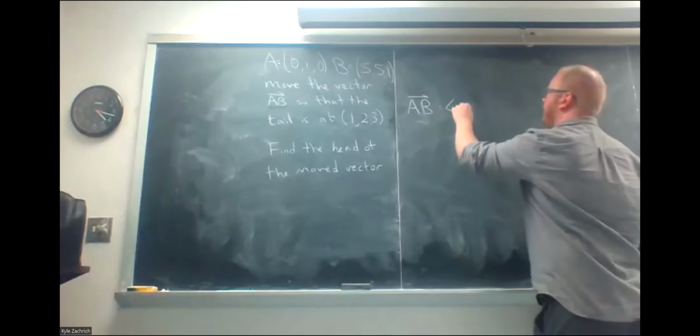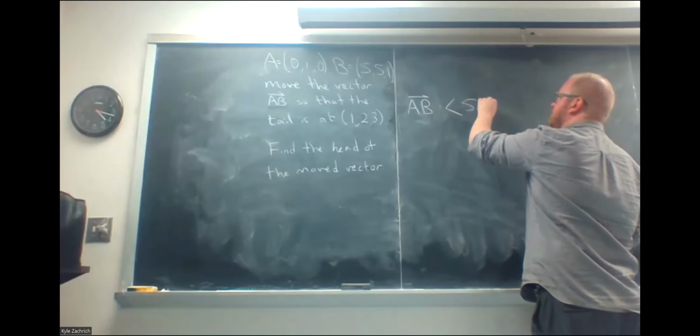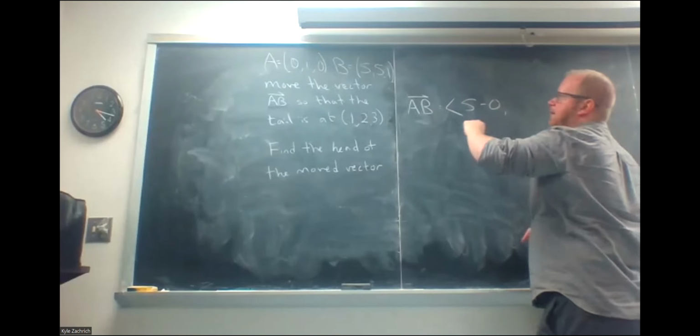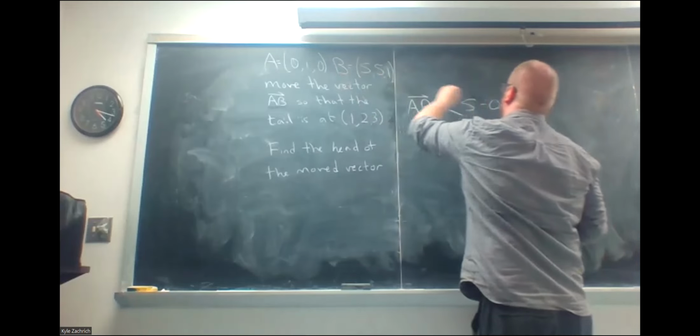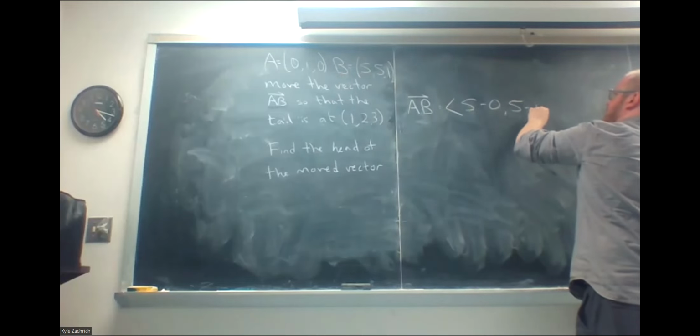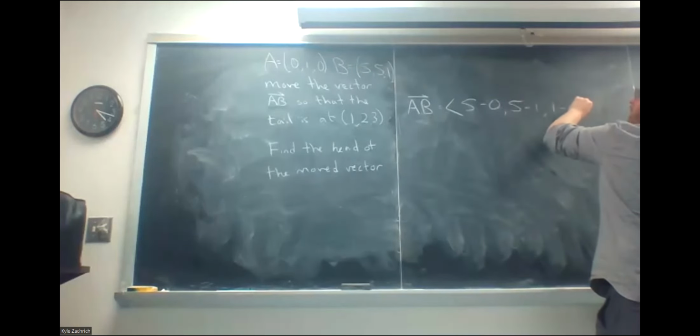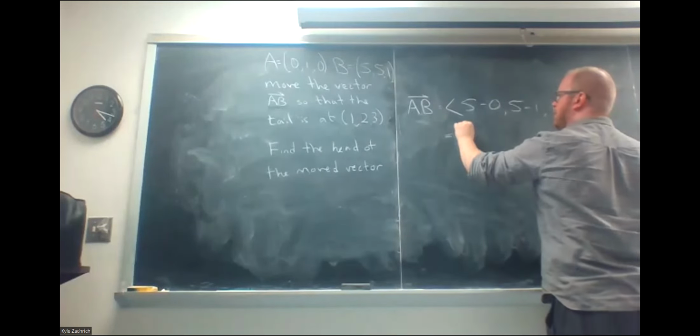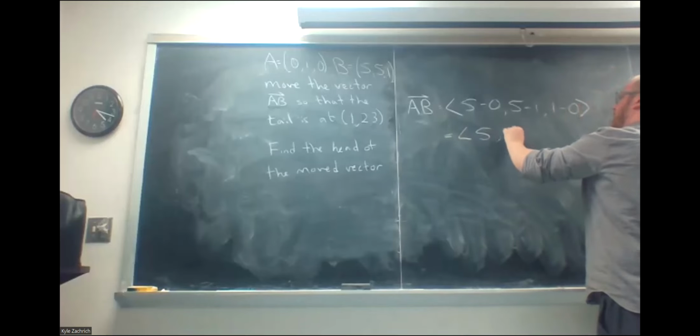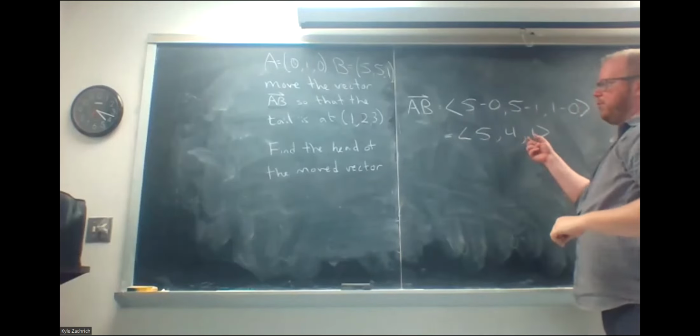So 5 minus 0. The second one's going to be 5 minus 1. And this will be 1 minus 0. That's 5, 4, 1.